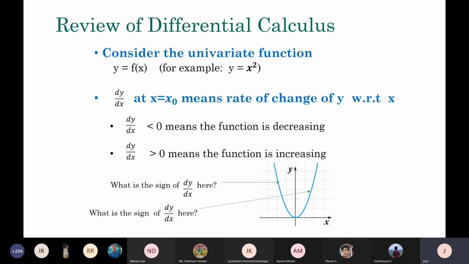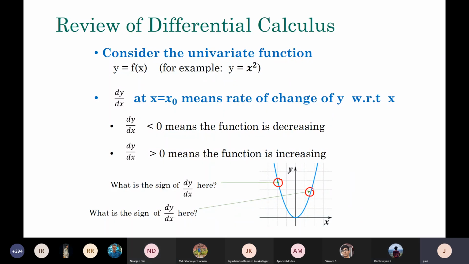As you can see from the figure, from the left side, what will the sign of the derivative be in this position? Negative. And in this case, positive.